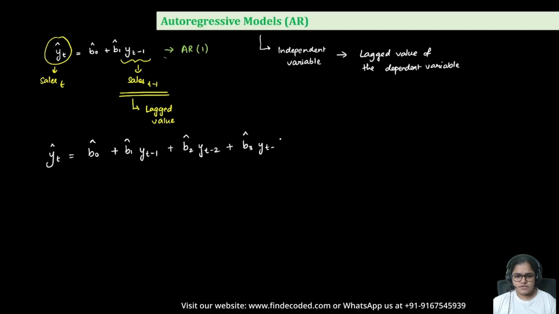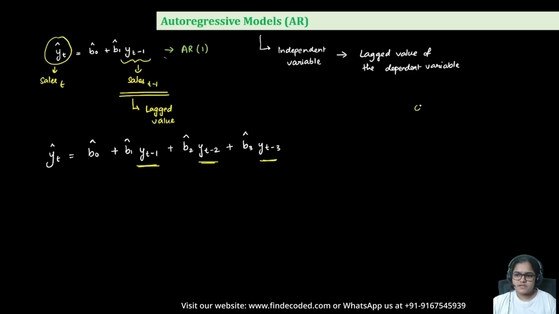So let's say I am relying on 3 quarters or 3 years. Okay, so I am saying that current period's sales is impacted by the immediately previous period's sales, then one more lag after that, and then one more lag after that.